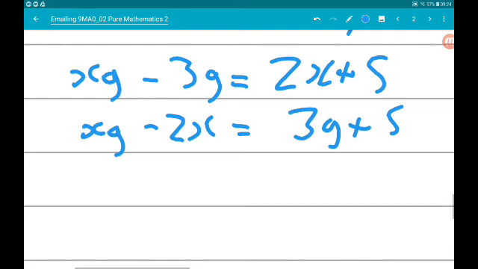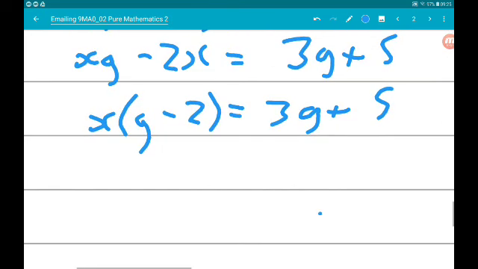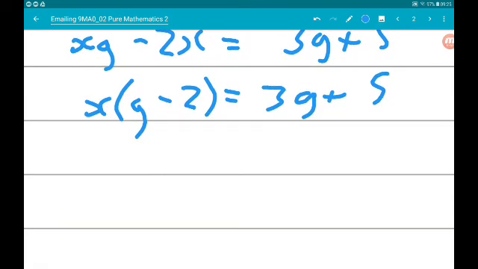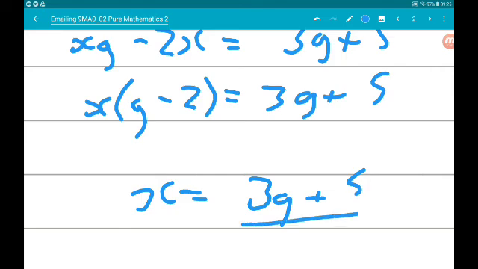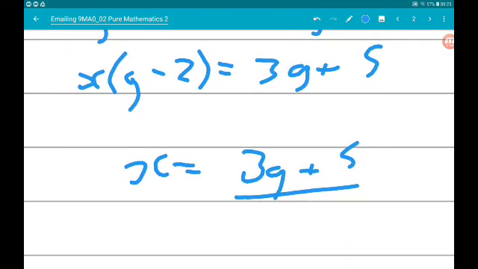Factorise on the left, x times (g minus 2) is equal to 3g add 5. Divide through by the bracket, x is (3g + 5) over (g - 2).